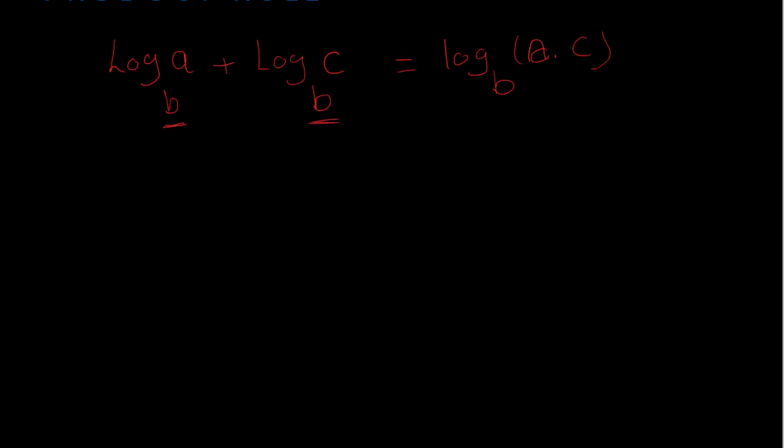The product rule states that log base b of a plus log base b of c is equal to log base b of a multiplied by c. So as you see here, when we add two logs with the same base, and this is the main condition, it equals a log with the same base, and we multiply the two arguments.